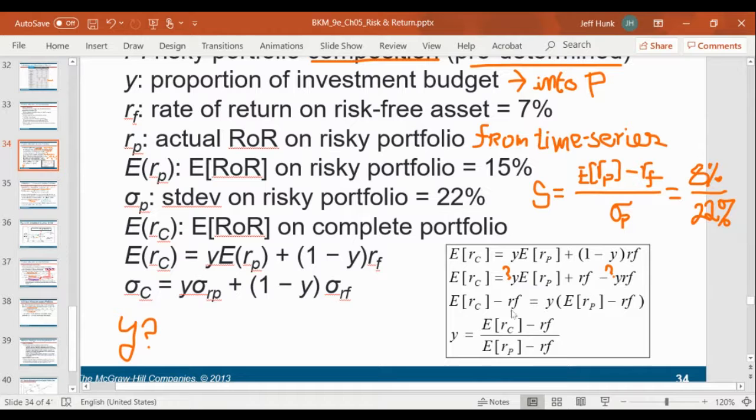Y equals then, solving for Y, the risk premium on the complete portfolio, right?